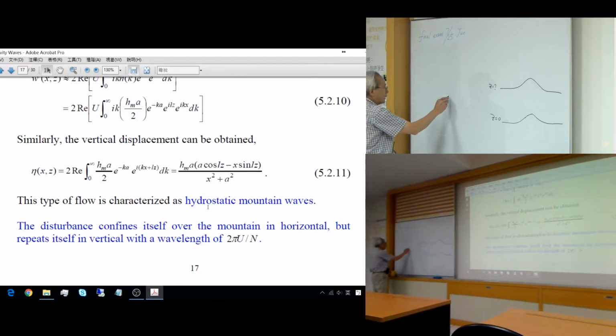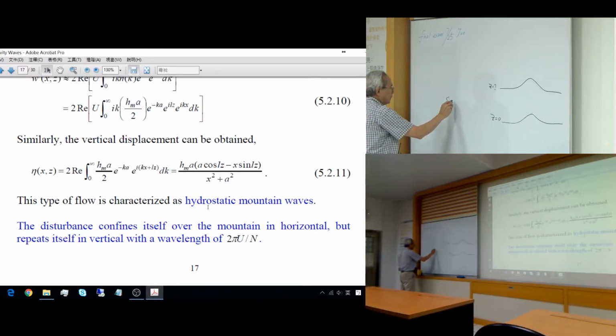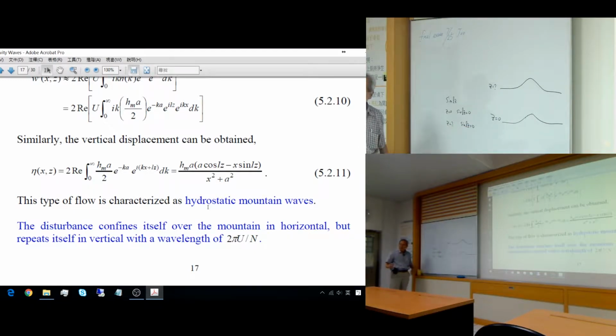When you have sine Lg, at g equals 0, sine Lg equals 0, right? And what's the next level where sine Lg is also equal to 0? It will be 2 pi, right?